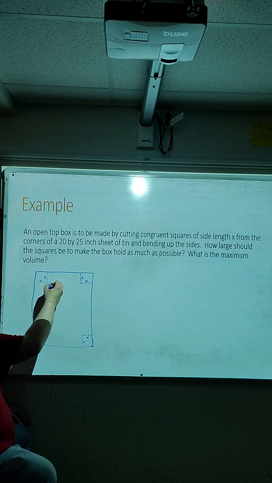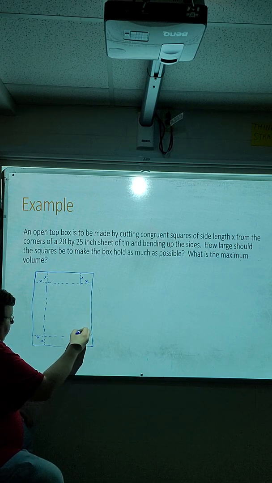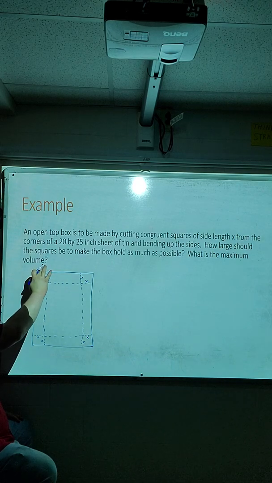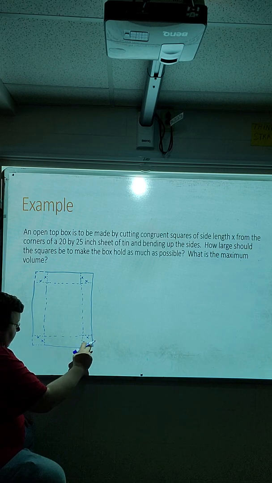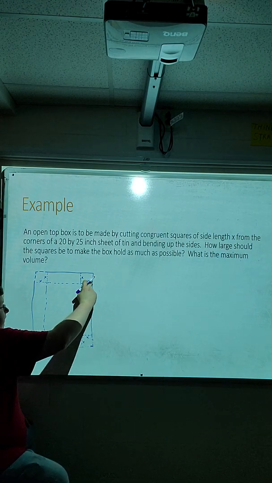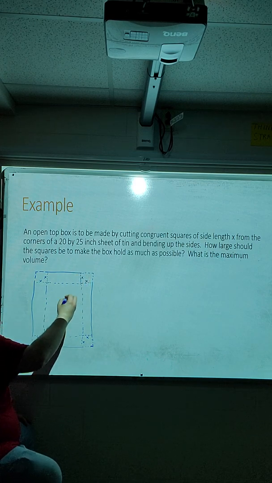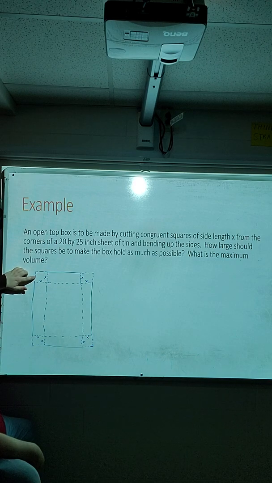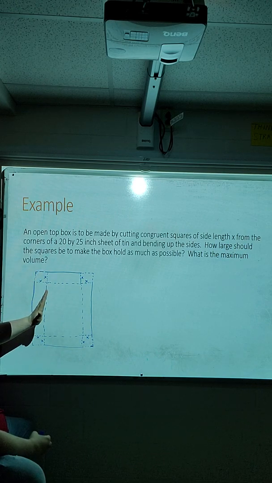What we do when we do that, once we remove these, I'm going to make these squares now dashed. What we're going to be able to do is fold up the sides. Fold up these sides right here.